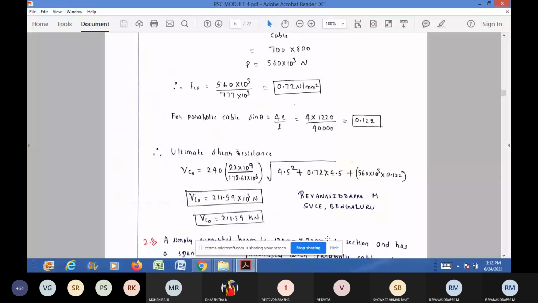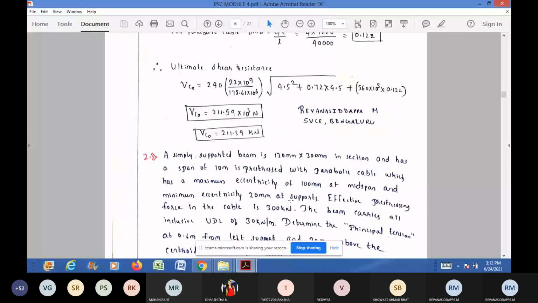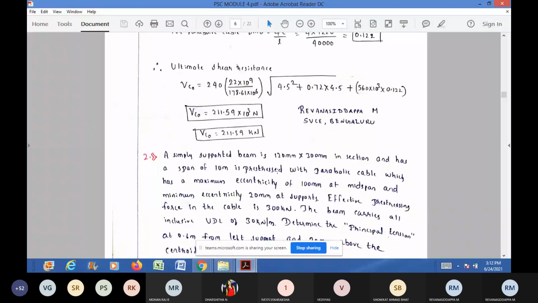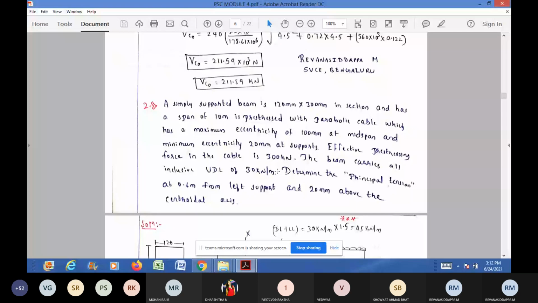Yes, correct. 211.6. Right answer. Okay, this completes the problem. Write down the next one. Next problem, problem number 3.